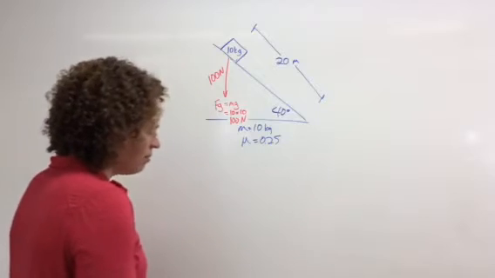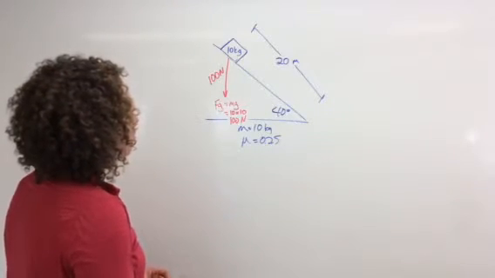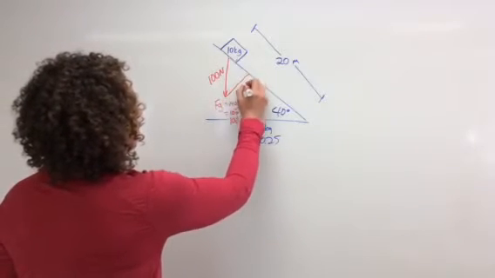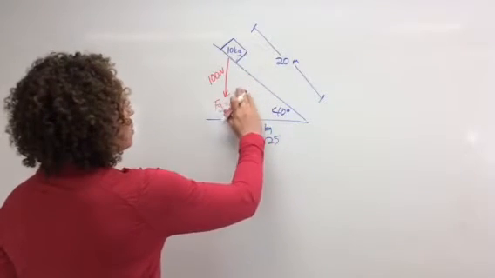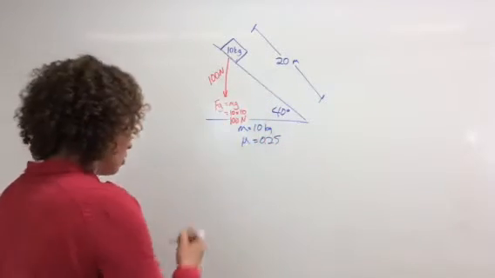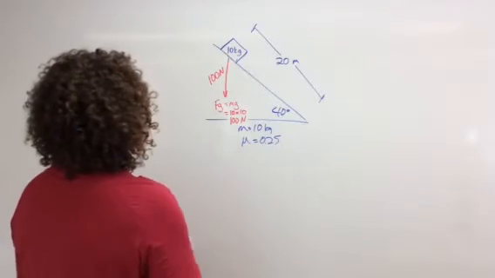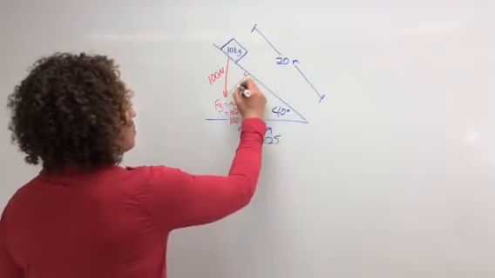working down the side. And the rest of my triangle I can set up. Actually, let's try using a different color there. I've got my normal force, which is at a right angle to the surface, always.